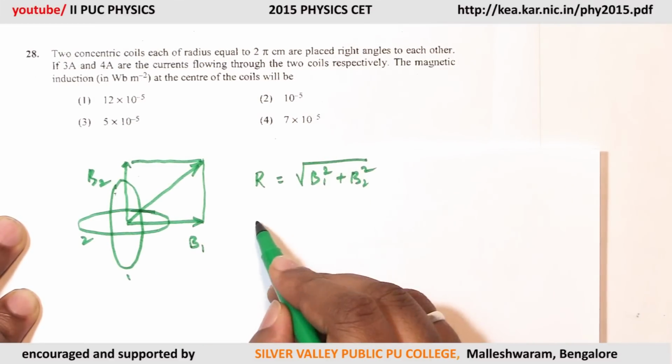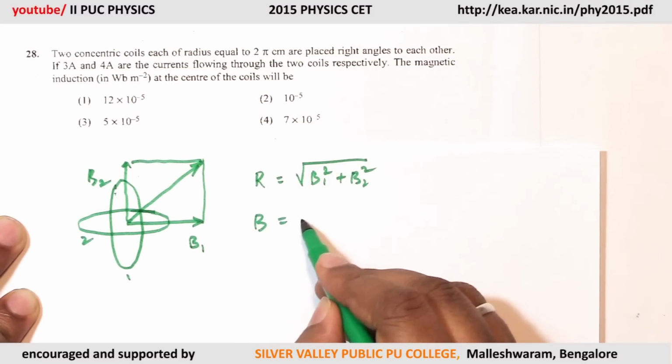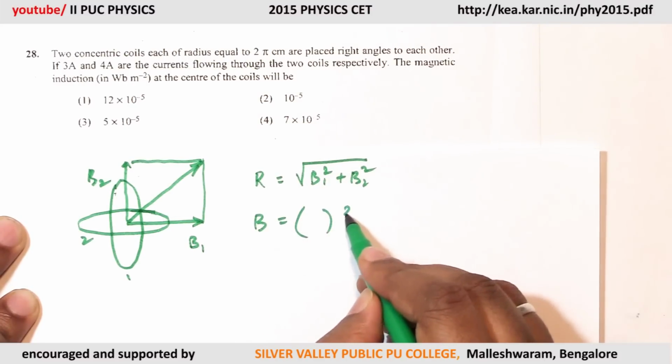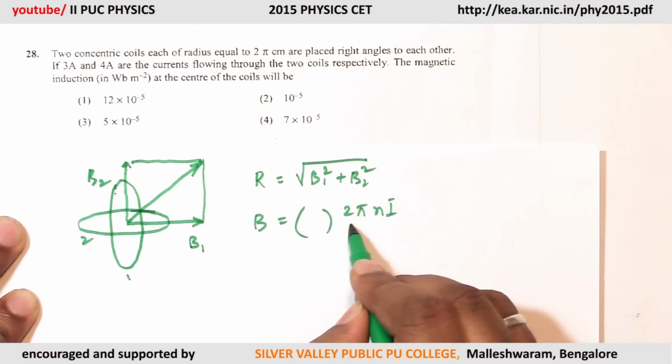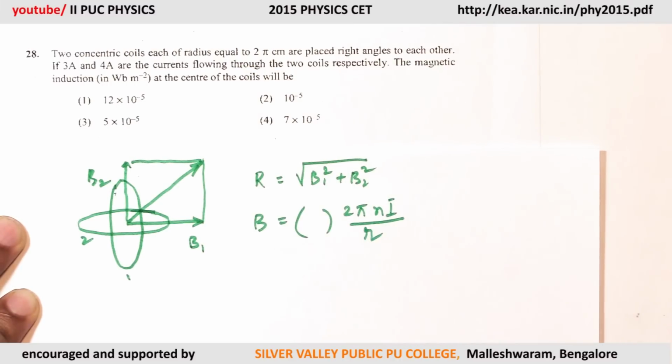What is the magnetic field at the center of a circular coil? Constant 2 pi Ni by R. This is the formula.